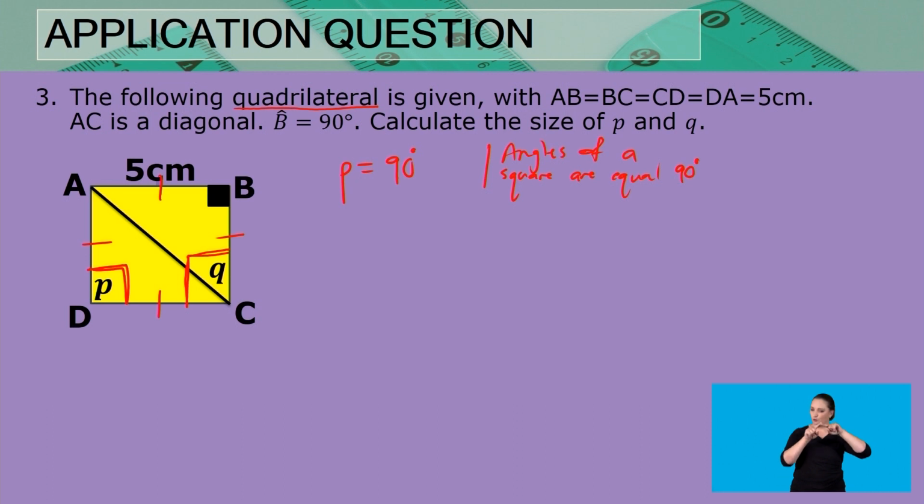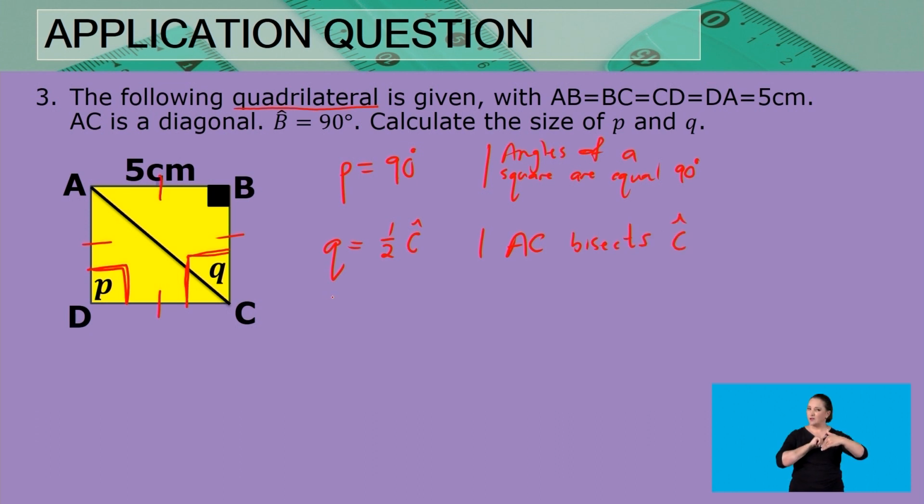The diagonals of a square bisect the opposite angles. Now, if C is 90 degrees, that means that Q is equal to half of angle C. And that is because the diagonals of a square, we can just write there that AC bisects angle C.